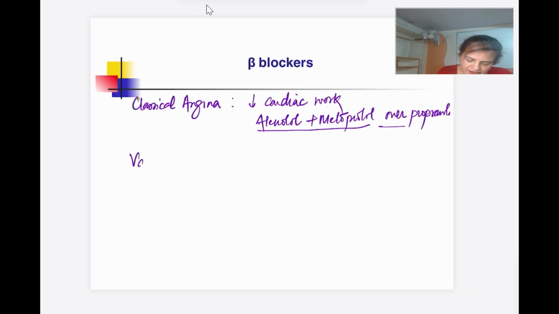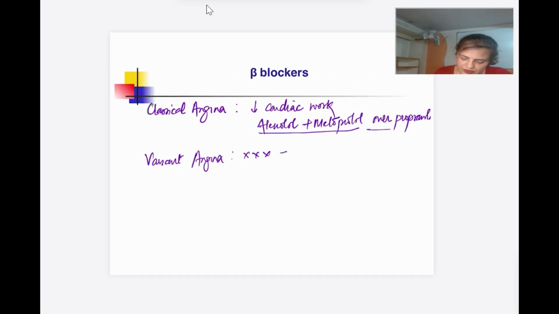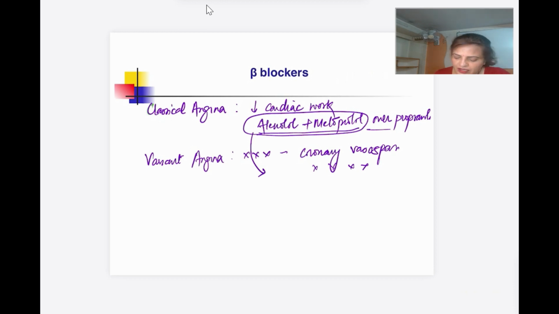Now coming to variant angina. In variant angina, this group of drugs is a big no, whether cardioselective or not, because variant angina is because of coronary vasospasm. Cardioselective drugs will have no effect because in the vessels there are beta 2 receptors.